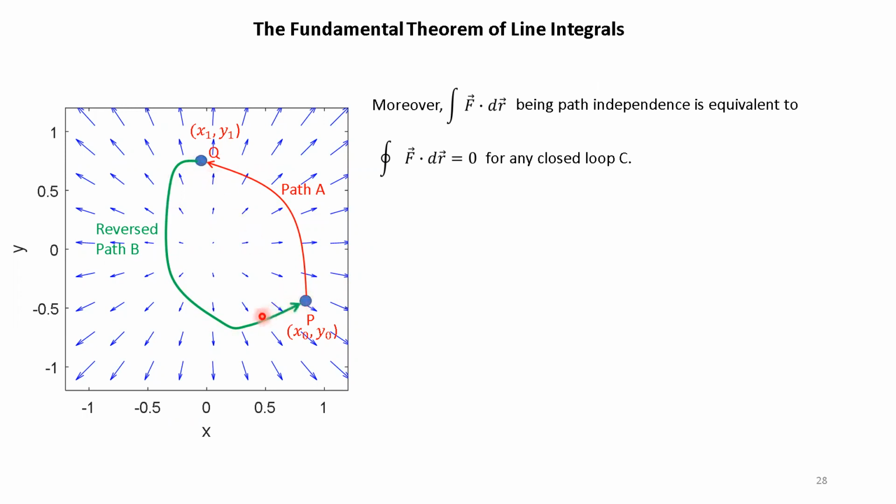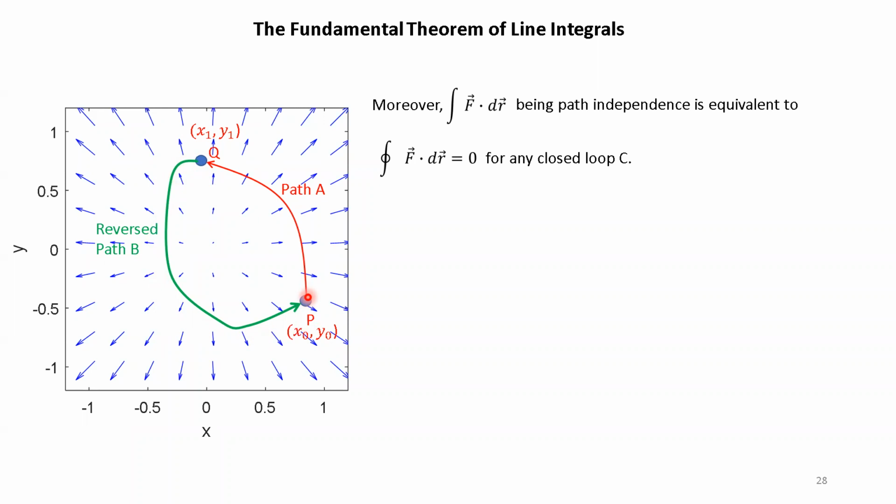So going from P to Q along this green line is the same as the negative of the line integral going from Q to P along the same line. Whenever I reverse the direction, I just add a minus sign in front.